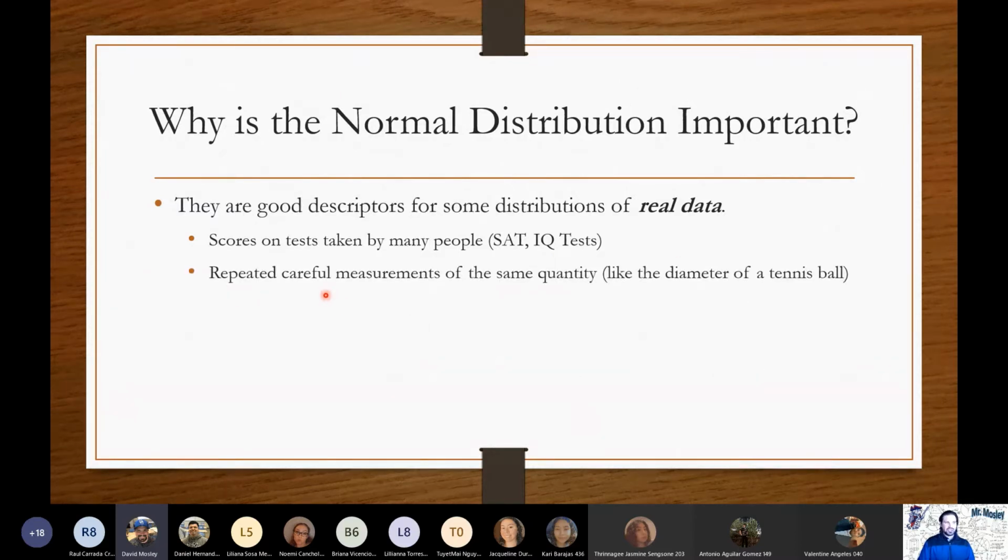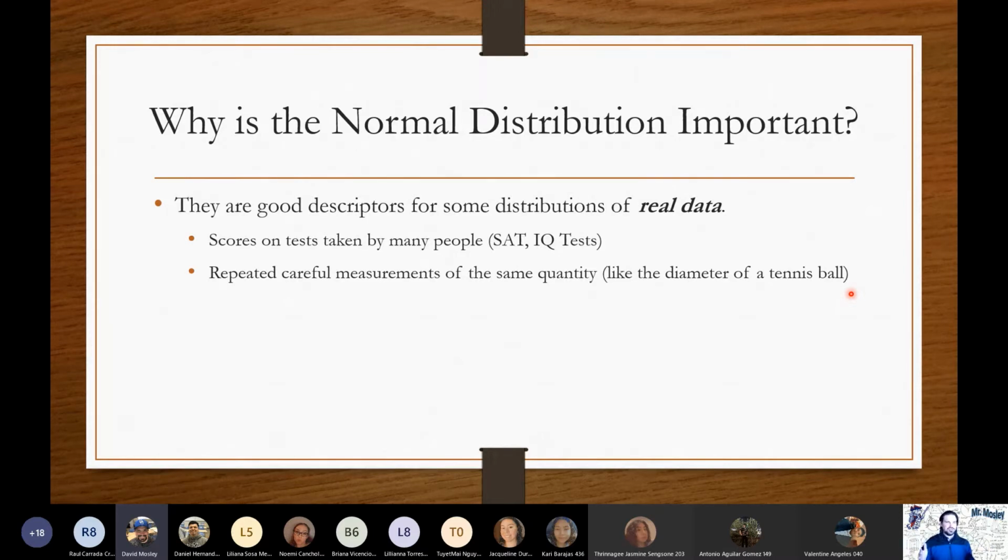If we have repeated careful measurements of the same quantity, like the diameter of a tennis ball, for example. Right? So at a factory, they're going to measure the diameter of tennis balls to make sure they're all about the same. There's an acceptable variance in the diameters. Everything kind of falls within that range.